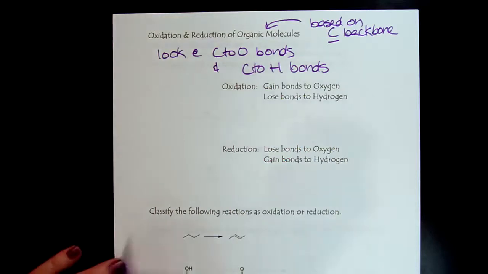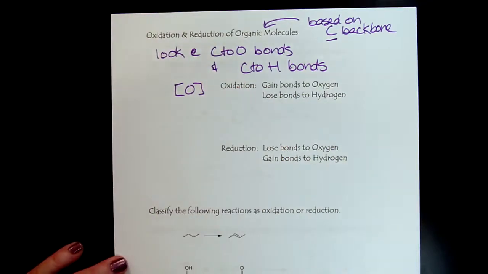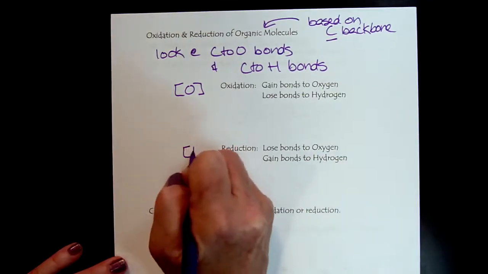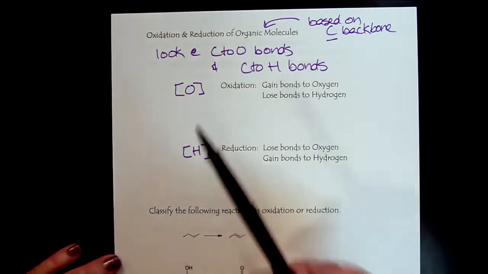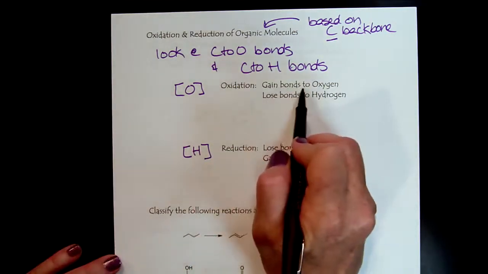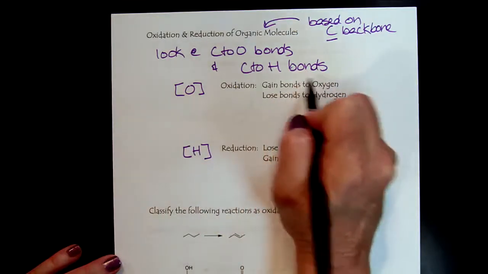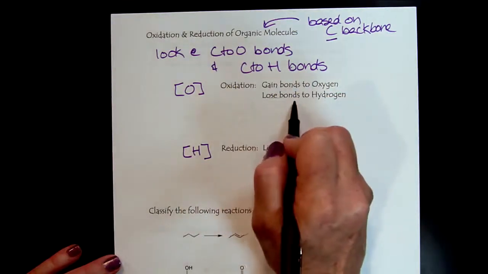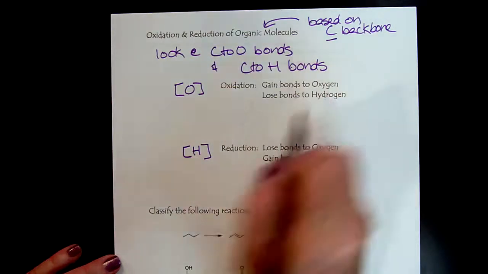So for oxidation, we'll use the symbol of O in the square brackets, and for reduction, we will use hydrogen in the square brackets. The emphasis here: oxidation is a gain in bonds to oxygen, this is bonds of carbon to oxygen, or the loss of bonds between carbon and hydrogen.